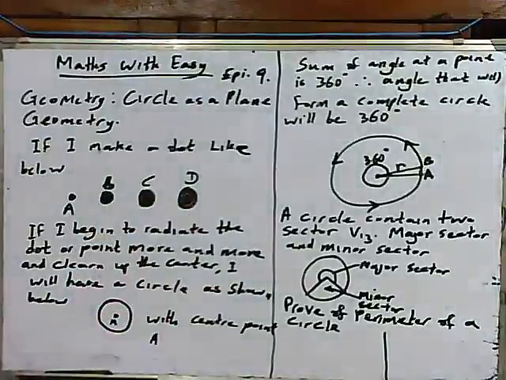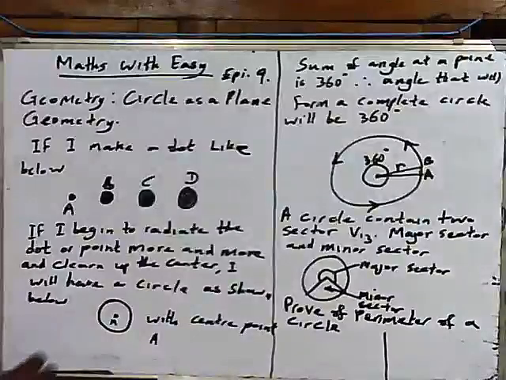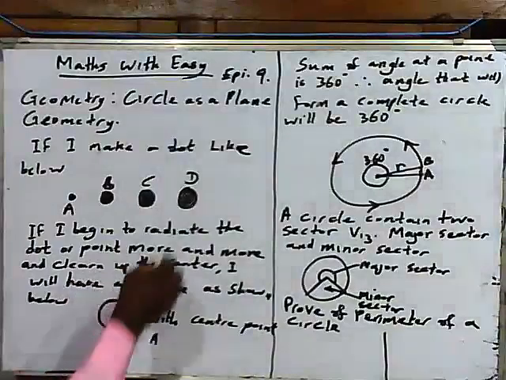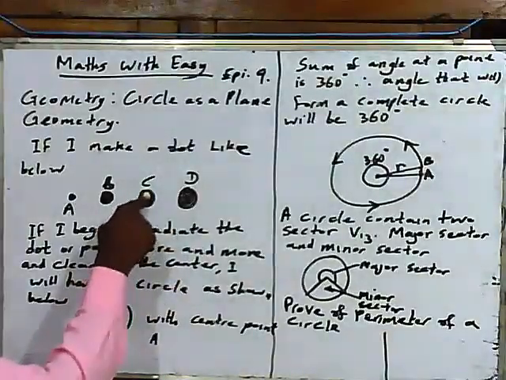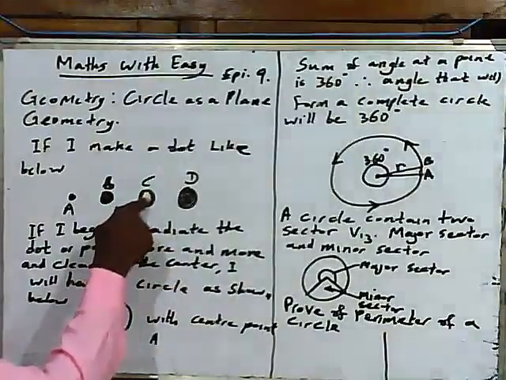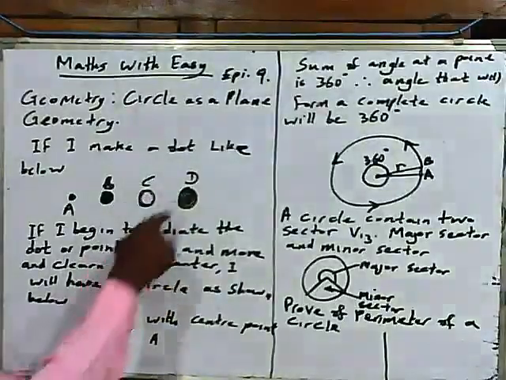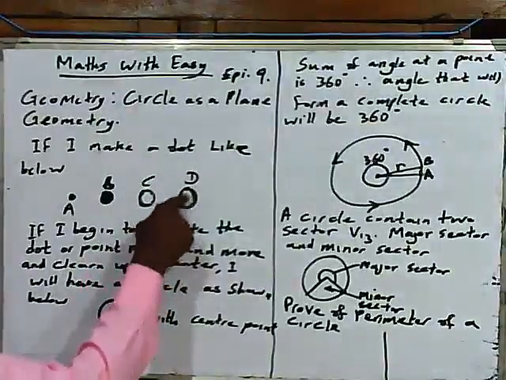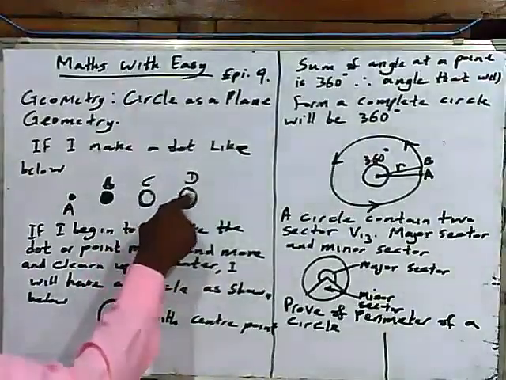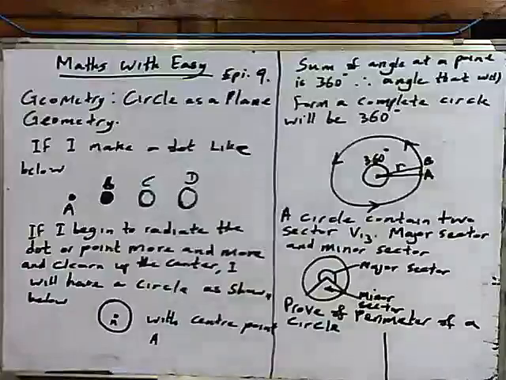If I begin to radiate this dot or point more and more and clean up the center like this, can you see? I'm still talking about the dot. It also forms a circle.